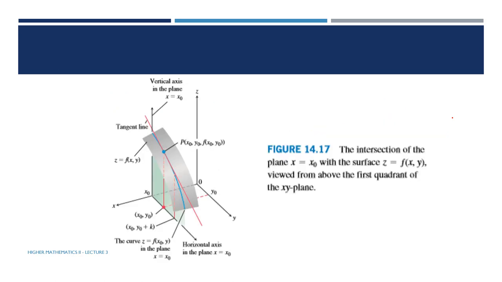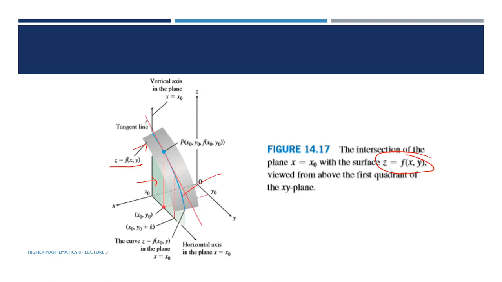And here is the graph we mentioned on the previous page: the intersection of the plane x equals x0 with the surface z equals f of x, y, viewed from above the first quadrant of the xy plane. This is our surface, this is the plane x equals x0, and it's cutting here, and we got this blue line in the cut place.